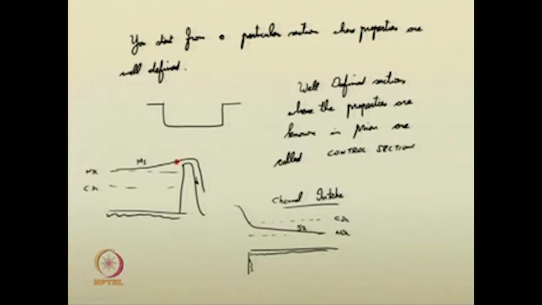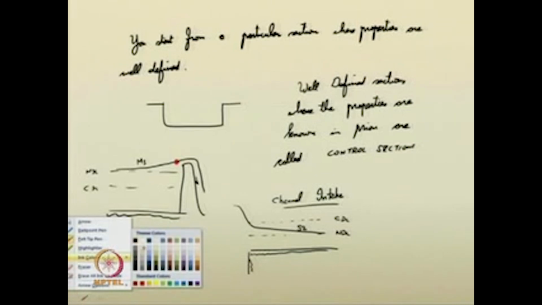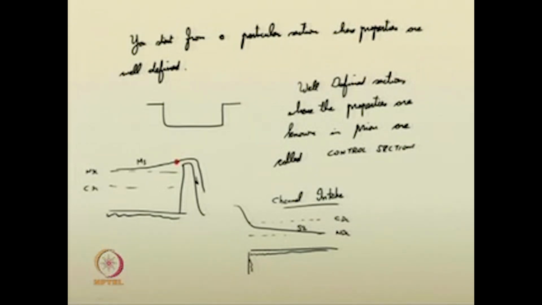So, this is your S2 gradually varied flow profile, and it starts from a control section as shown here. This will be your control section. From there you begin the computations to determine the gradually varied flow profile in that intake. This is the flow direction.